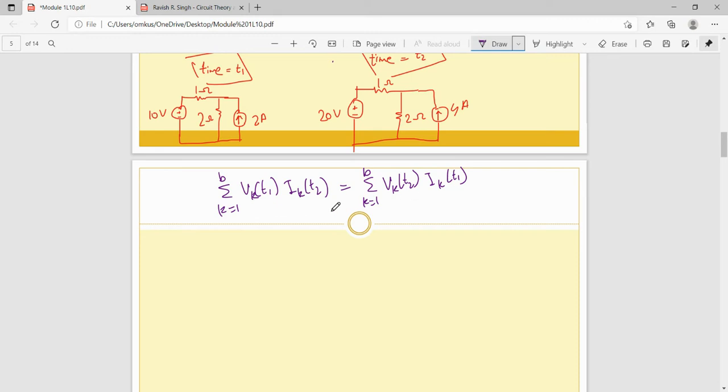Now see, here b is the number of branches. How many branches are in this circuit? See, this is one, two, three, four. So b is equal to four branches, right? Both circuits have four branches. So put the value of b equal to four.